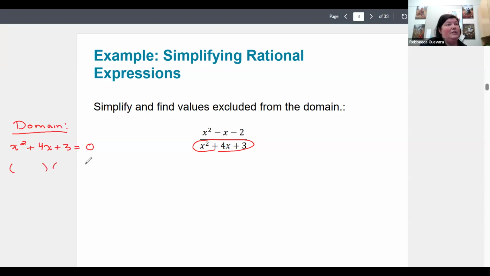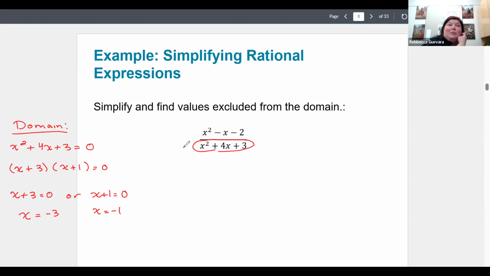So I need two numbers that multiply to give me 3 but add to give me 4. So that'd be x plus 3, x plus 1. They multiply to give me 3, and they would add to give me that 4. So either x plus 3 equals 0, or x plus 1 equals 0. Or we'd say x is -3 or x is -1.